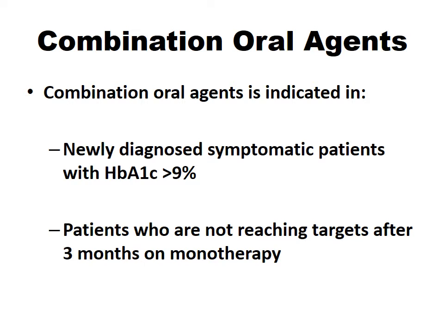Combination of oral anti-diabetic drugs. Combination is indicated in a newly diagnosed symptomatic patient with HbA1c of more than 9%, or patients who are not reaching the targets to reduce the plasma glucose level after 3 months of monotherapy.